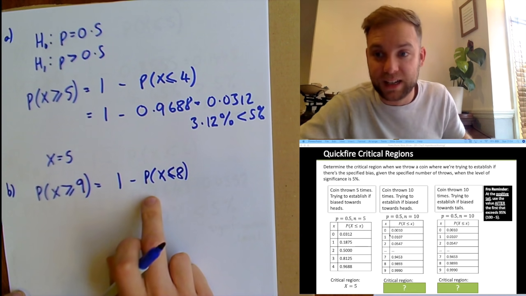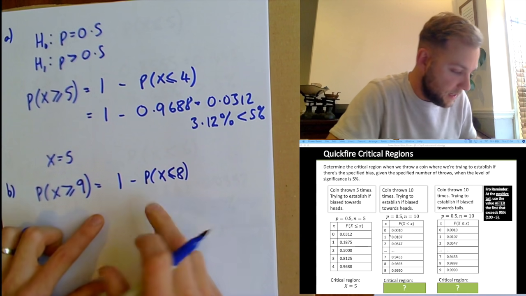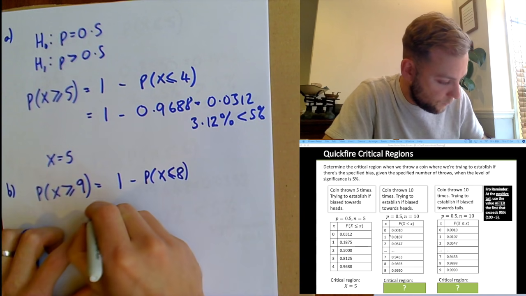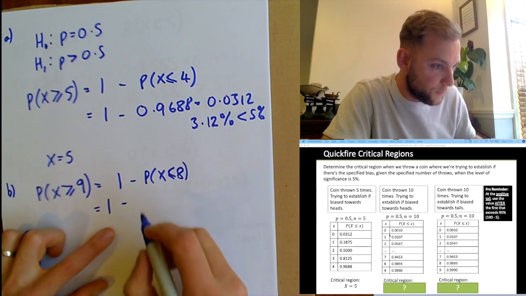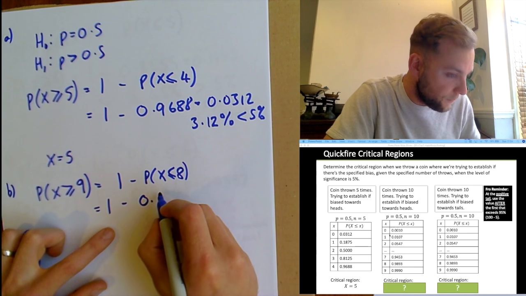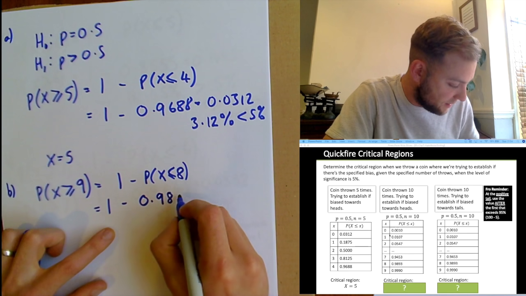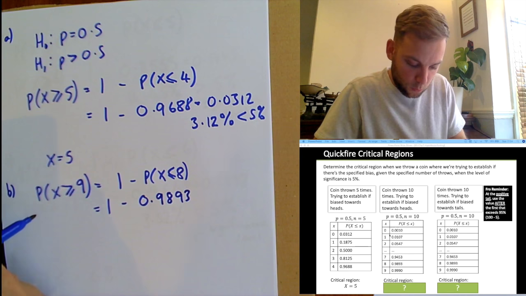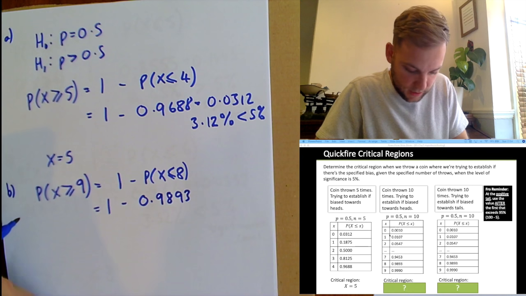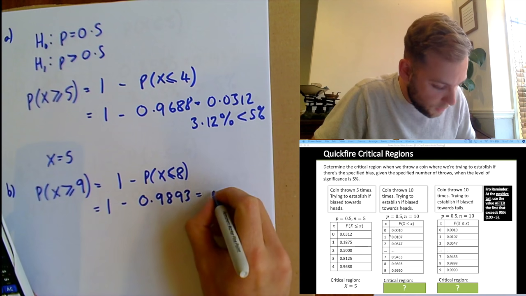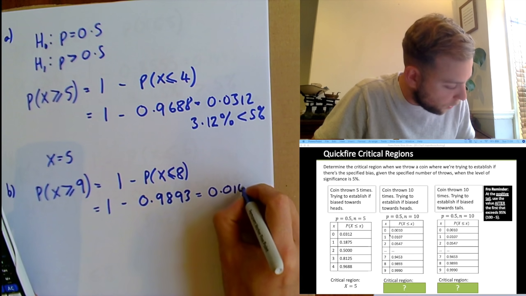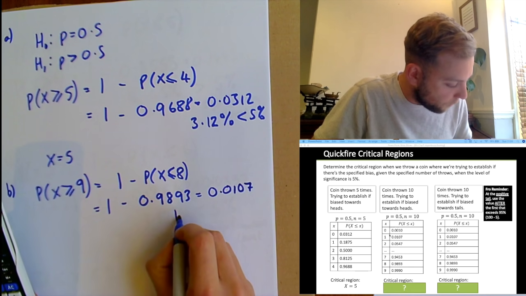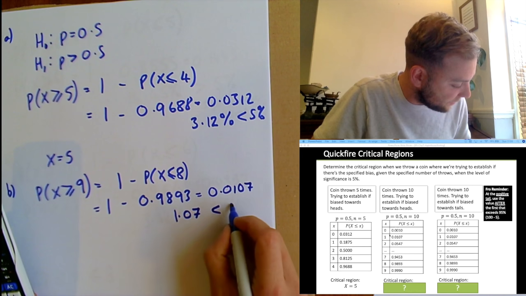Now this is the first time that it goes over that, which is equal to 1 minus 0.9893, which is equal to 0.0107, which is 1.07%, which is less than 5%.